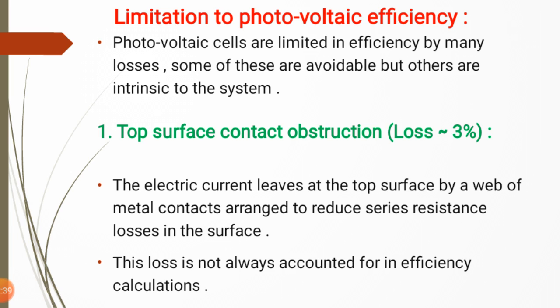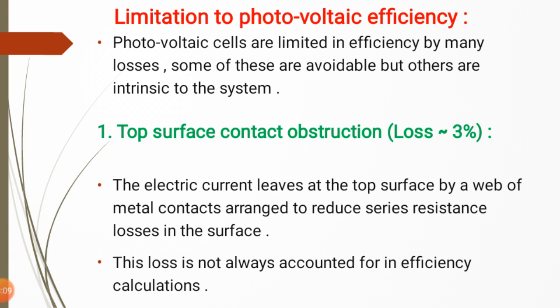The first loss which affects the photovoltaic efficiency is the top surface contact obstruction, which introduces nearly 3% loss to the photovoltaic efficiency. The electric current leaves at the top surface by a wave of metal contacts arranged to reduce series resistance losses in the surface.